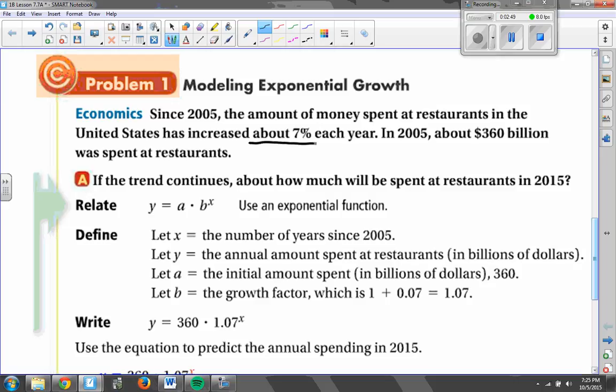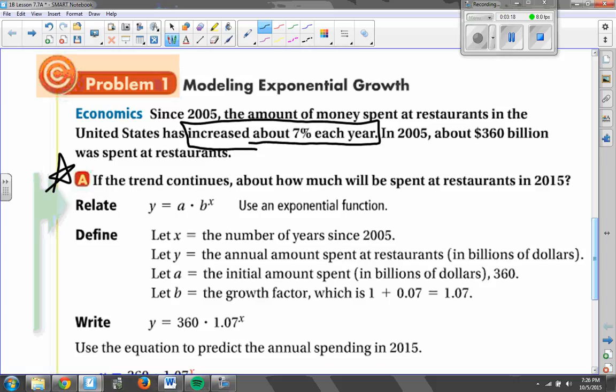Now, this part is going to probably be the most difficult part of this problem. So please keep that in mind when we talk about our growth factor number. It gives us that in 2005, about $360 billion was spent at restaurants. Okay? They want to know, right here, if this trend continues, how much will be spent in 2015?